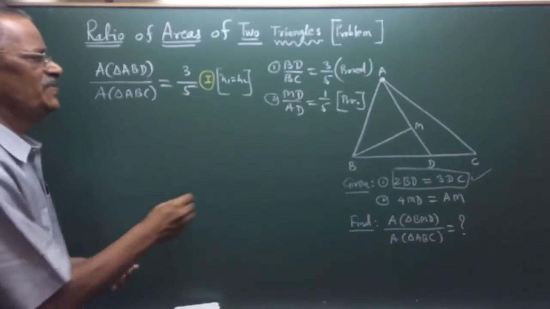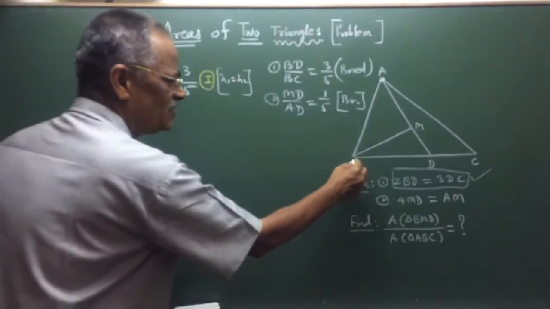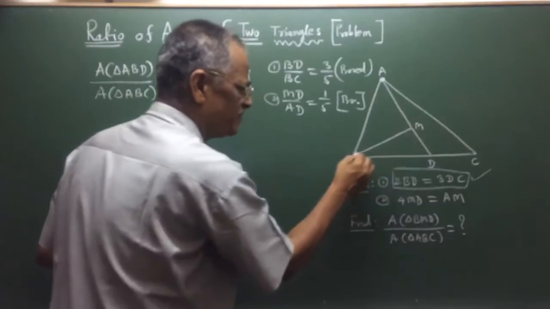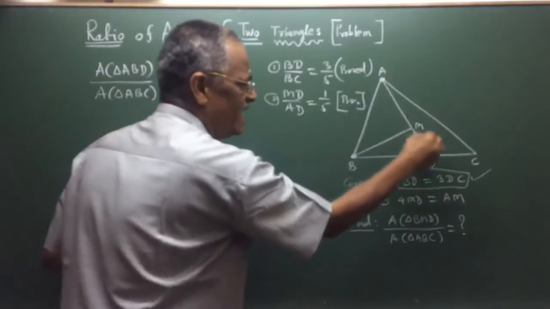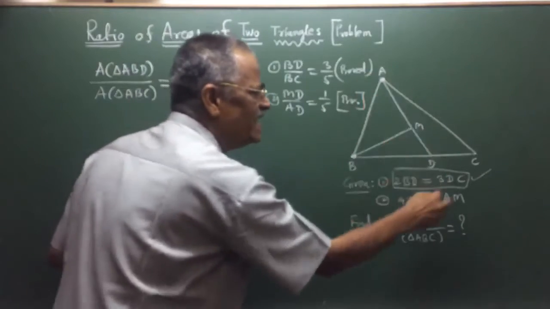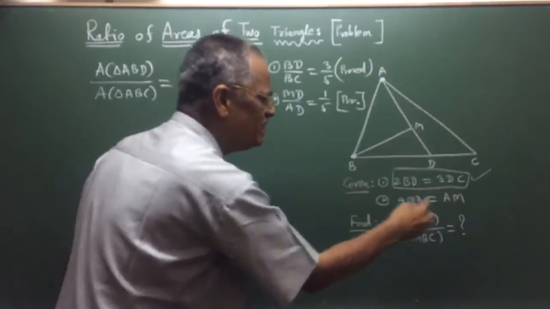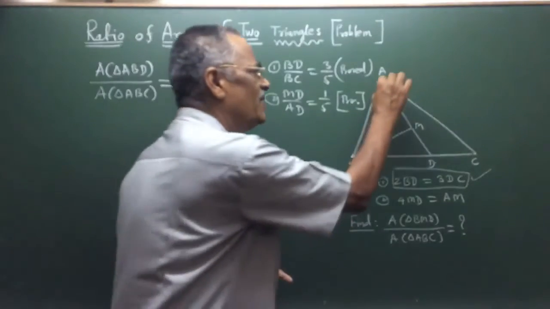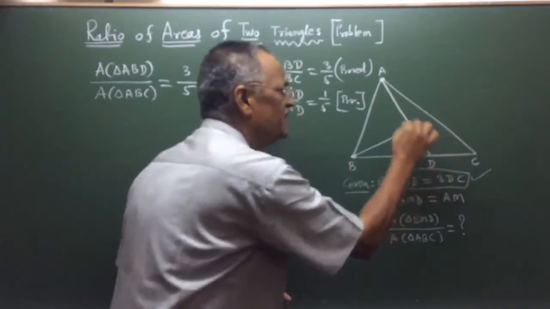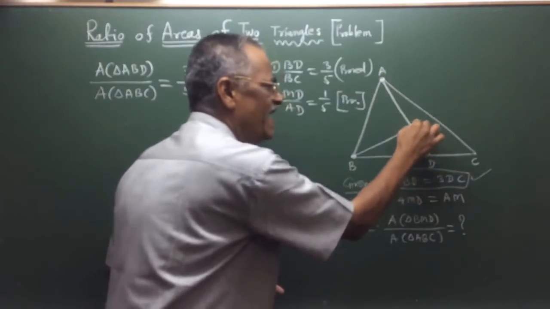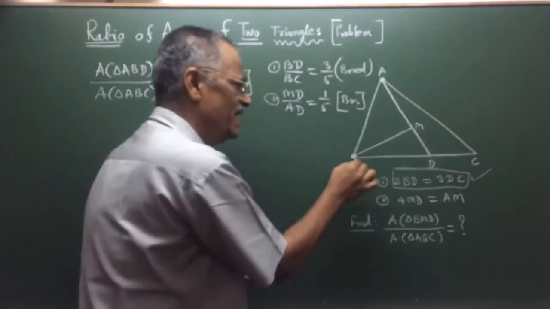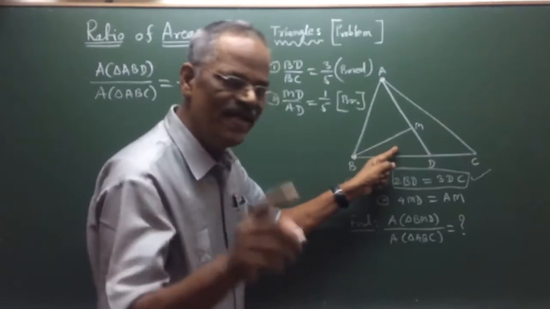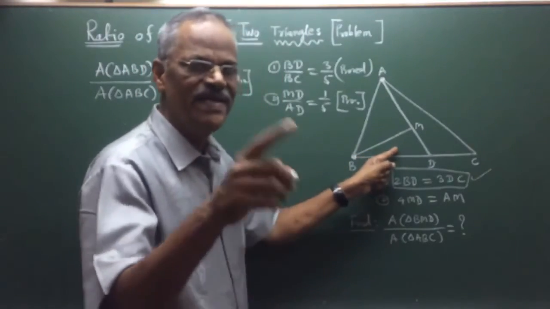Similarly, find the ratio of areas of two triangles: BMD taking base MD, and BAD taking base AD. You are getting B as the common vertex. AD and MD are on the same line and B is the common vertex, so definitely they again have the same height.